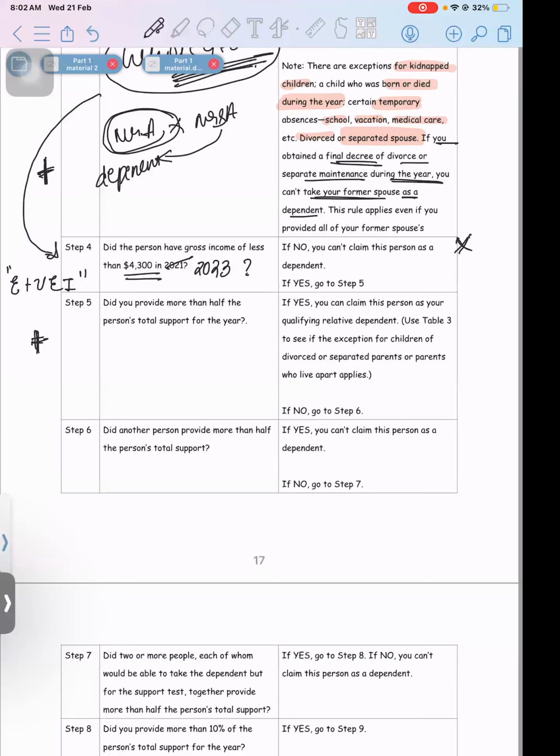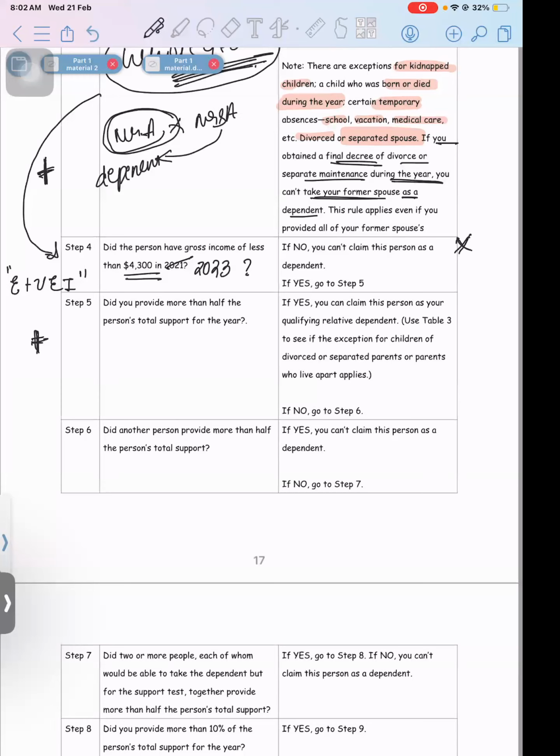Okay, see, earned and unearned. On the first day, I mentioned a little bit of the definition of earned and unearned. In the third or fourth chapter, we will see all the gross income topics. Earned means, let's say, wages, salaries, your commission income. Unearned means your interest income, social security benefit, unemployment compensation.